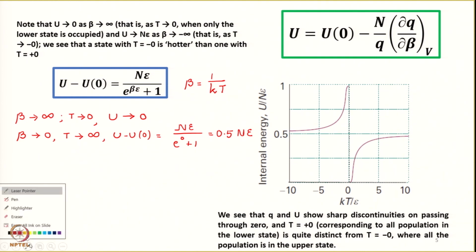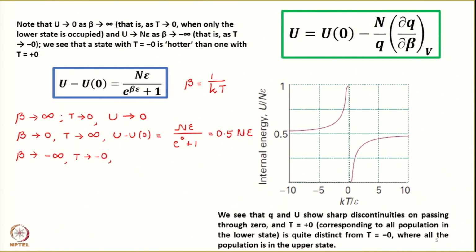Let us now consider the other case, when beta approaches minus infinity. That means T will approach a value of minus 0. Then what happens? Then U minus U0 will be Ne divided by exponential beta E plus 1.